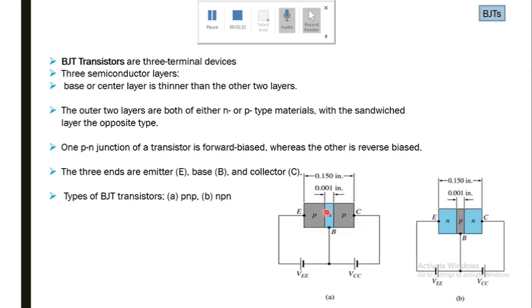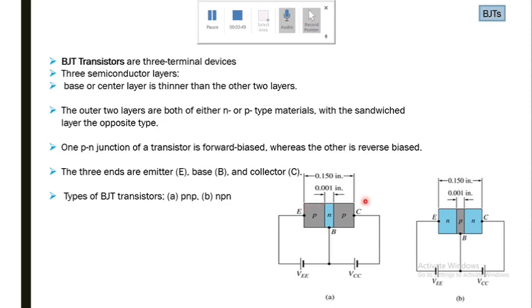The base is very lightly doped, and it has a lesser width as compared to the emitter and collector. This is the basic construction of a bipolar junction transistor, or BJT.